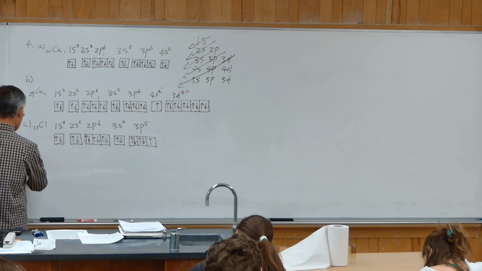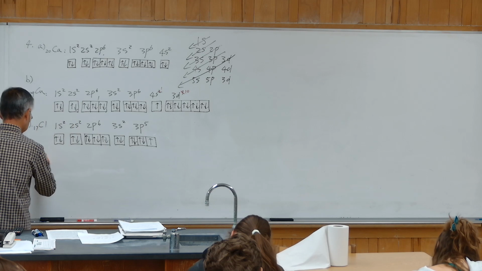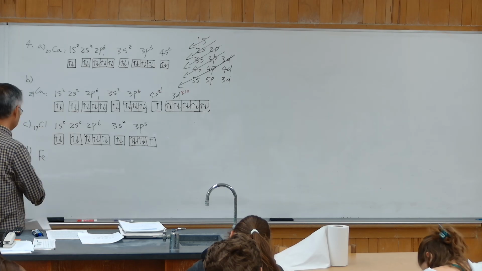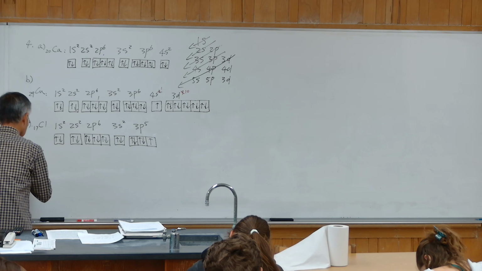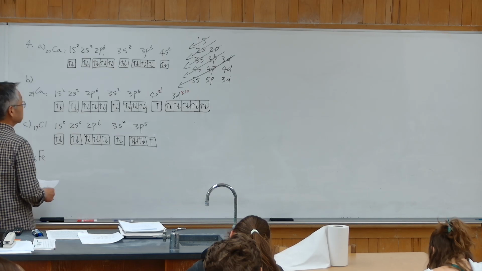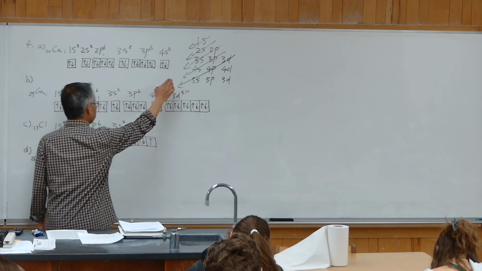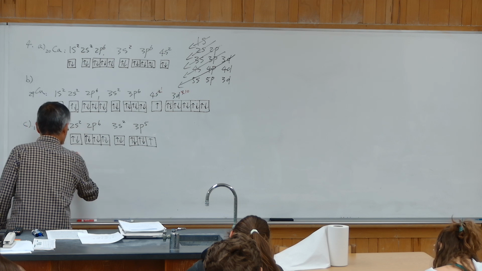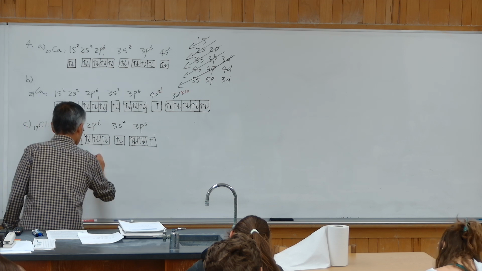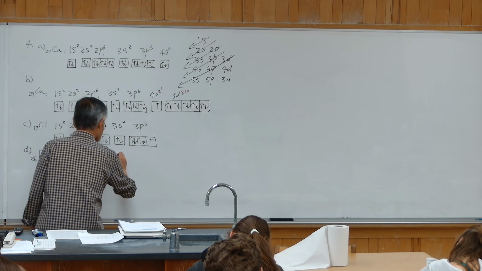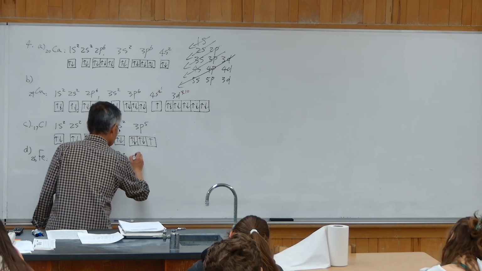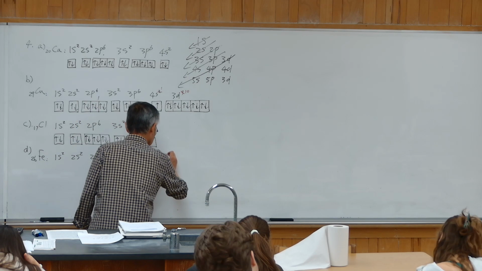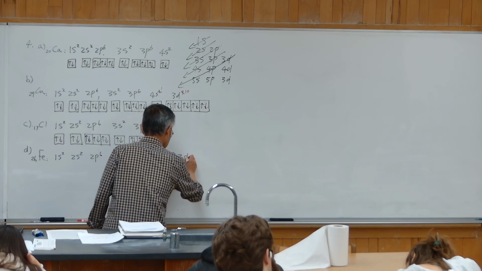And the last one is iron. From the periodic table, we know iron has 26 electrons. Then we can write the electron configuration, still according to this chart. So it should be 1s2, 2s2, 2p6, 3s2, 3p6, and 4s2, 3d6.